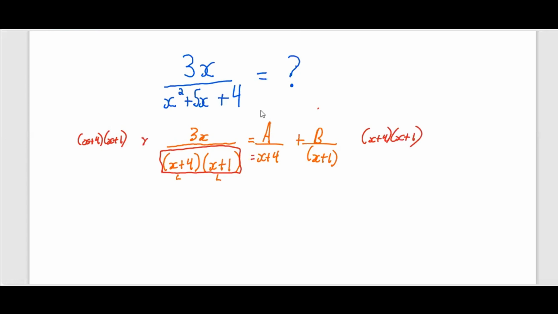Watch, on this side, this will cancel with that, and this will cancel with that. So you just end up with 3x equal to, on this side now, when you multiply this piece by this piece, the x plus 4 will cancel, so you end up with A and x plus 1. And when you multiply the B over x plus 1 by this, the x plus 1 will cancel. So you end up with B and x plus 4.